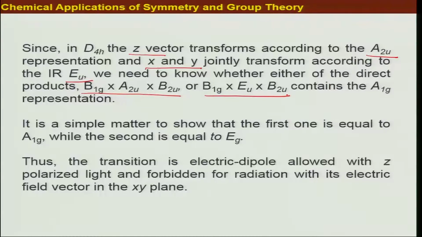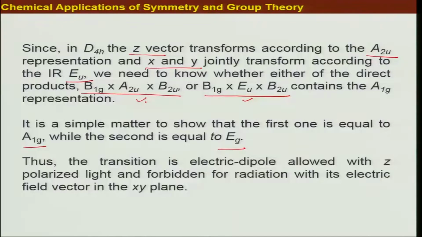In this case, this representation deals with x and y together, while this one deals with the z polarization. Once you solve it, which is very easy, you figure out that the first one gives you A1g, the totally symmetric irreducible representation, while the other one is not totally symmetric. So clearly the integral involving z will survive while the other one will vanish.